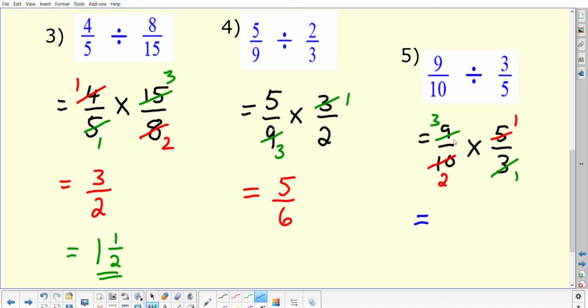And then our final answer, 3 times 1 on the top, 2 times 1 on the bottom. So you've got 3 over 2, and again that's a top heavy fraction, so would be changed into your mixed number again. So hopefully you've got 5 out of 5, and that would show that you've made good progress with this work and that you understand what you're doing.